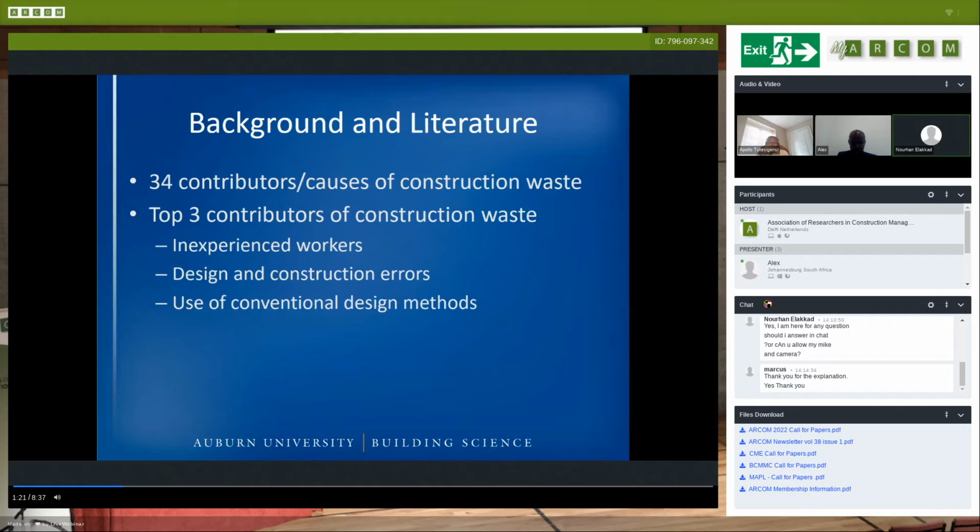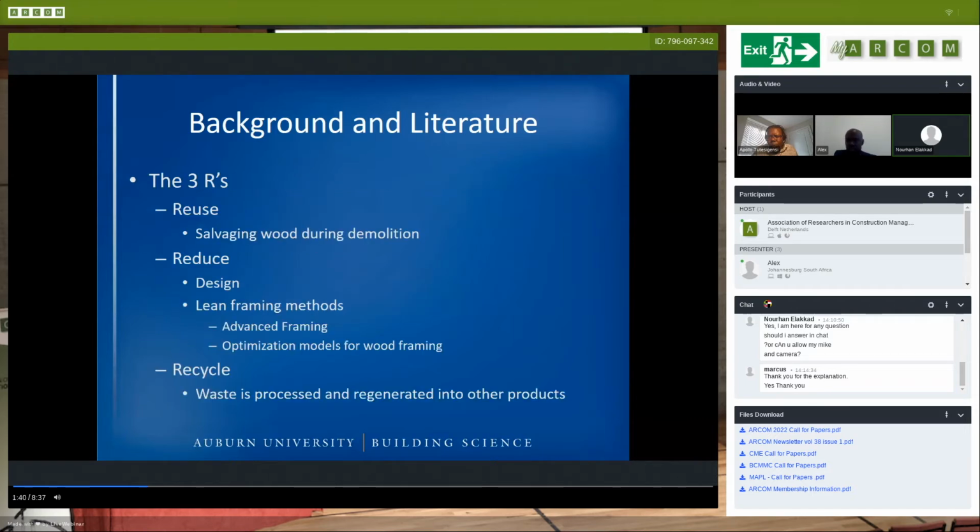Based on the literature review, there are 35 main contributors or causes of construction waste. The three top contributors are inexperienced workers, design and construction errors, and the use of conventional design and construction methods.